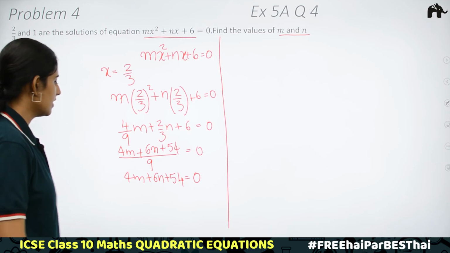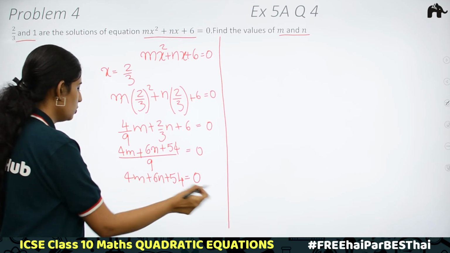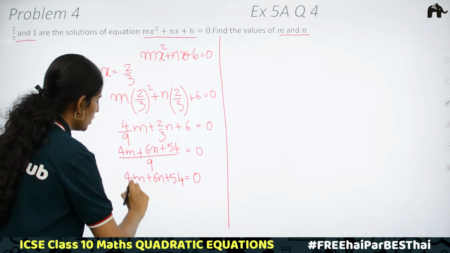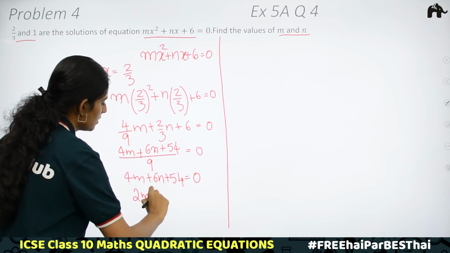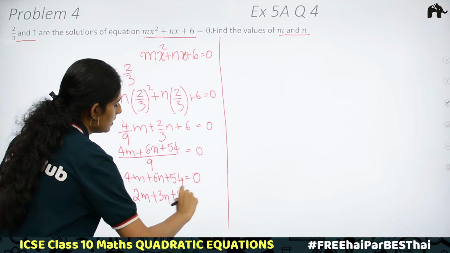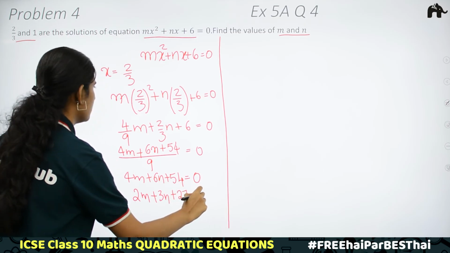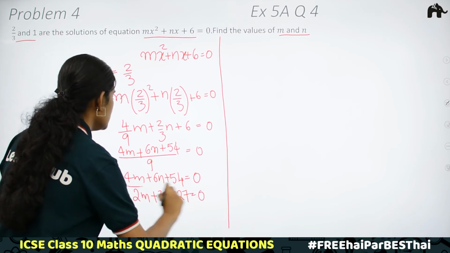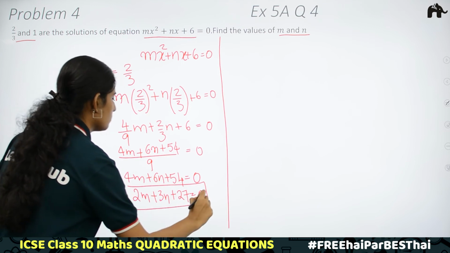Now here we can cancel with 2 throughout. You get 2m plus 3n plus 27 is equal to 0. This is our first equation.